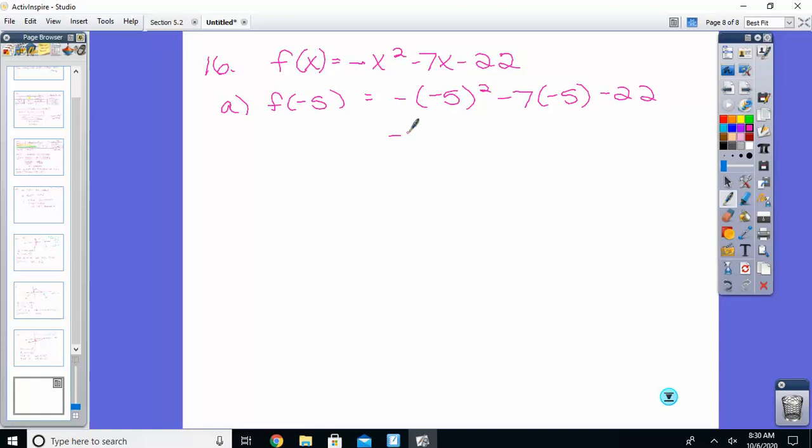We have a negative in front of that, so that makes it -25. -7 times -5 is +35. Minus 22. So -25 plus 35 is 10. Minus 22 gets us -12.